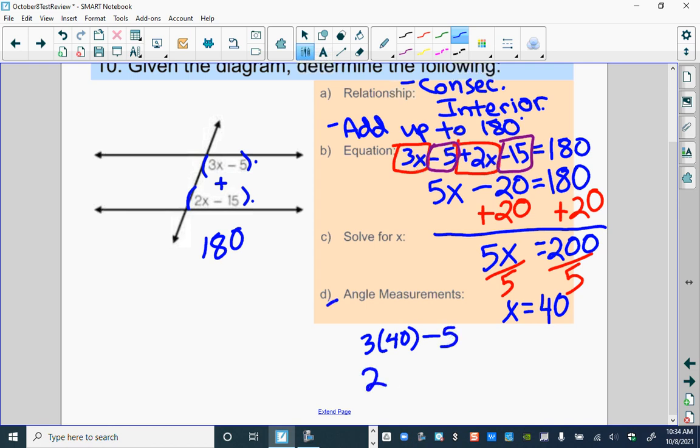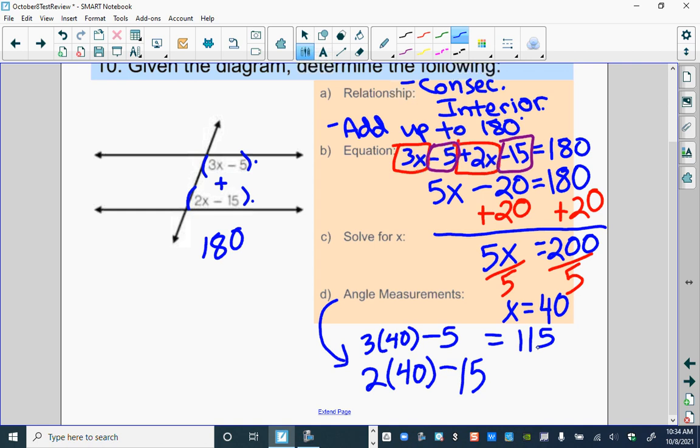So your angle measurement's perfect. Would it be the same answer if I applied both of them? Actually, you're going to get two different values in this case. The first one I got 130 for 3 times 40 minus 5. Oh no, equals 115.